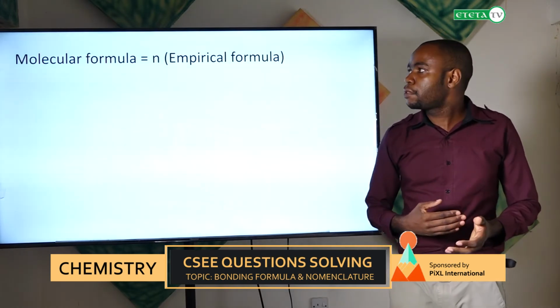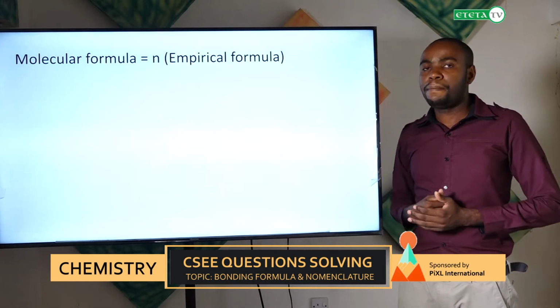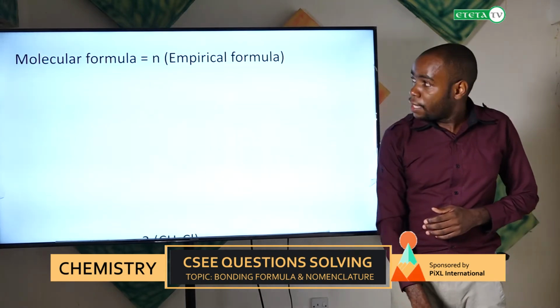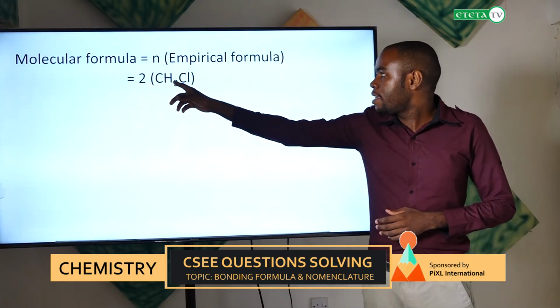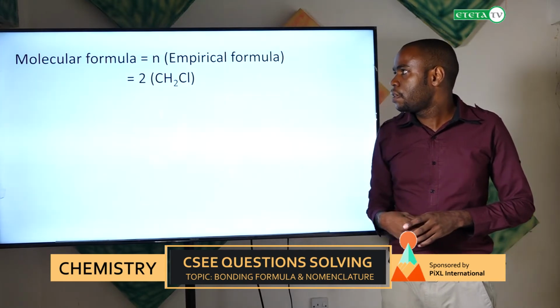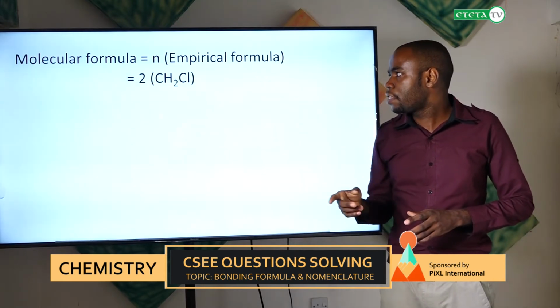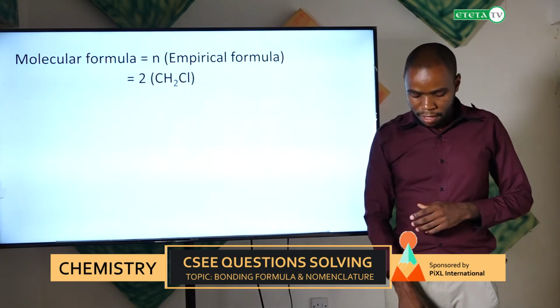And here we are going to use this formula. Molecular formula is equal to N times the empirical formula. So here the empirical formula is CH2Cl, but N is equal to 2. So the molecular formula is equal to 2 times CH2Cl.